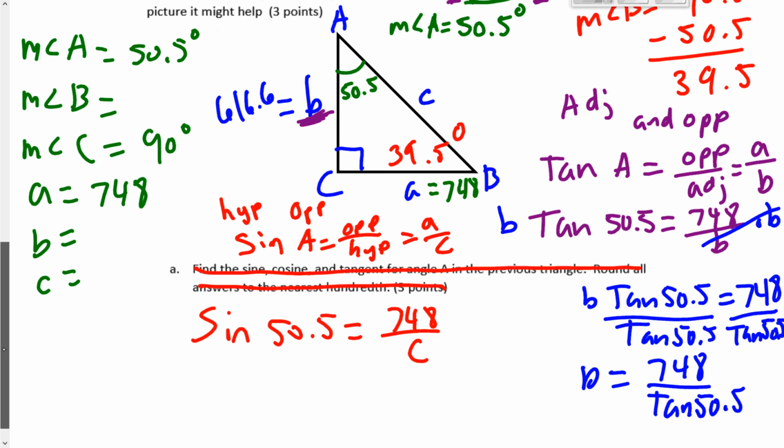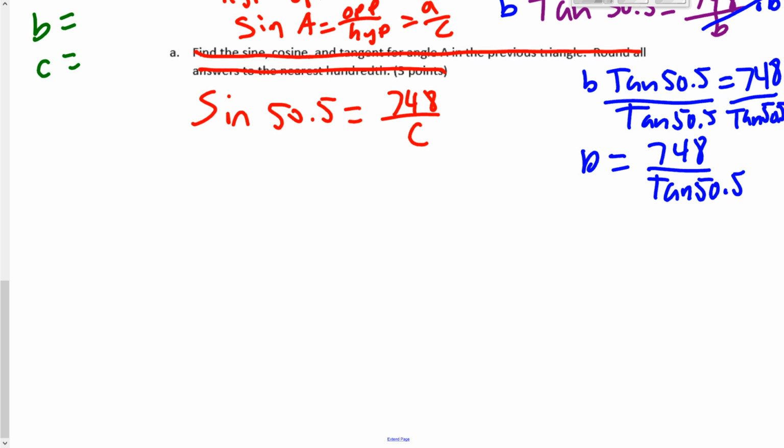Okay, so now I'm going to have to do some more work, because basically the C and the sine are going to switch places, right? Because we're going to multiply by C on both sides, and these are going to cancel out, and so we get C sine 50.5 equals 748.